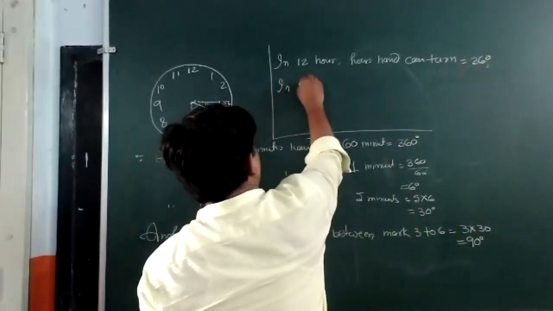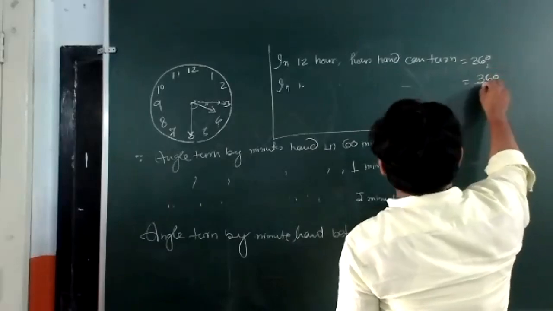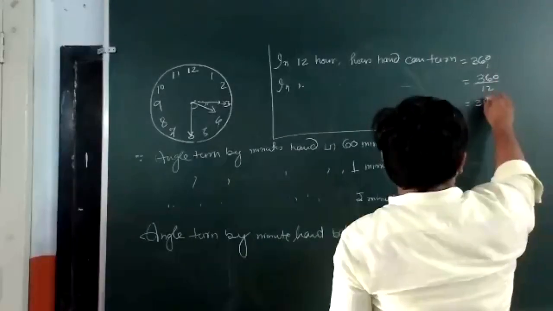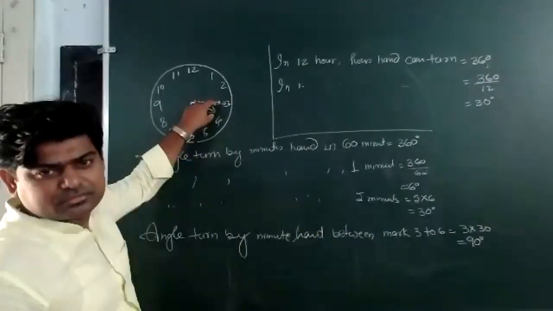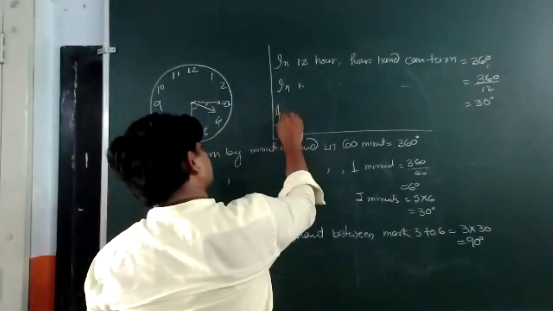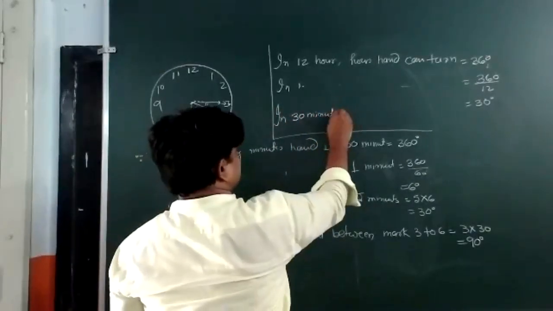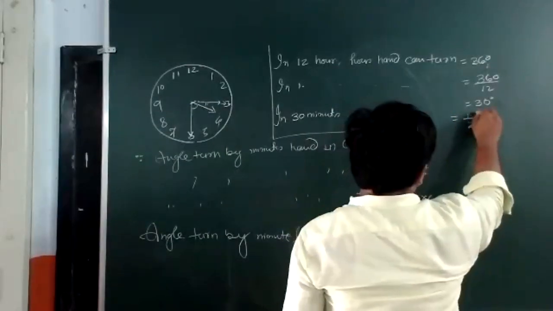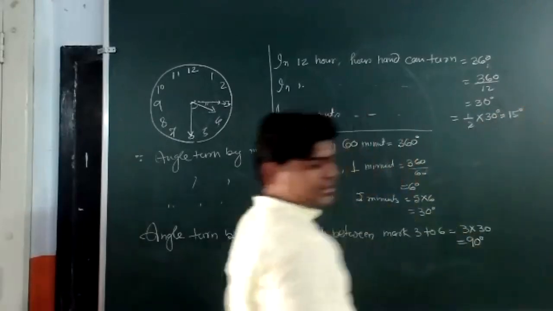So in 1 hour it will turn 360 upon 12, that is equal to 30 degree. Am I correct? Half an hour, yes, I can write in 30 minutes, it can turn 1 upon 2 into 30 degree, it is equal to 15 degree.